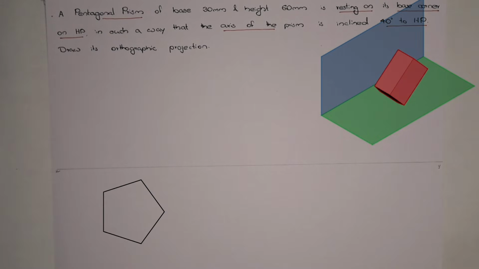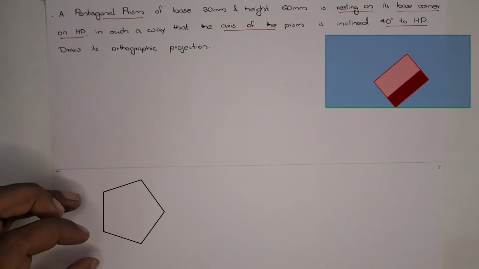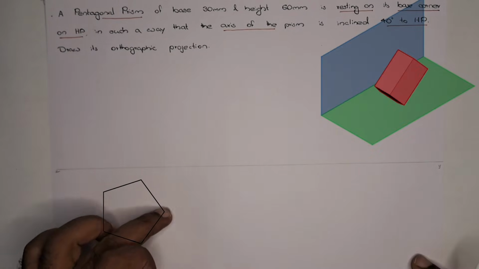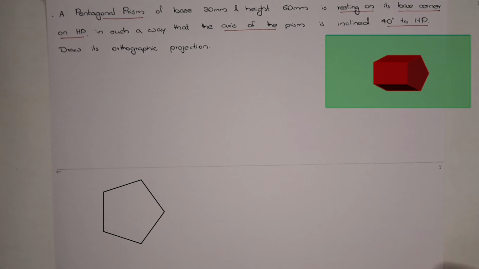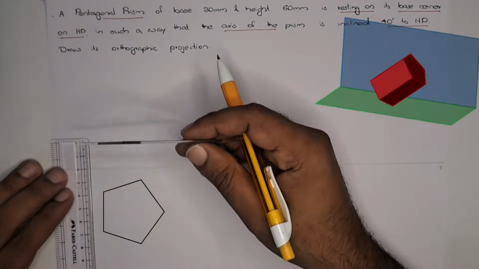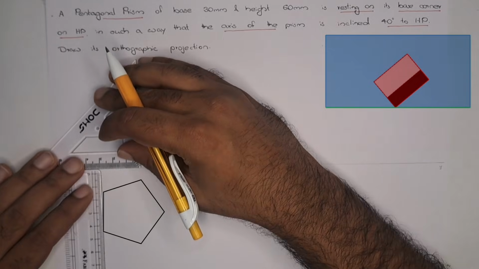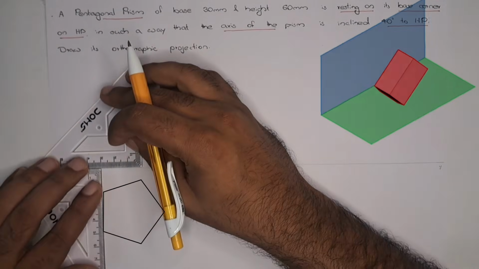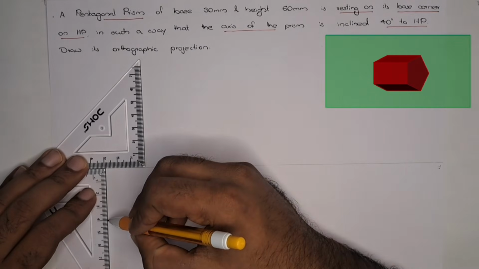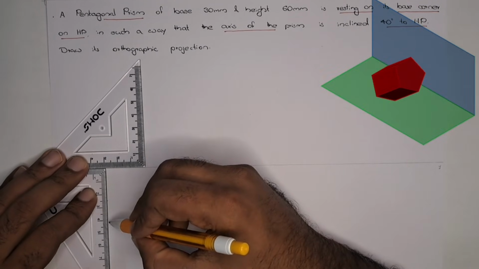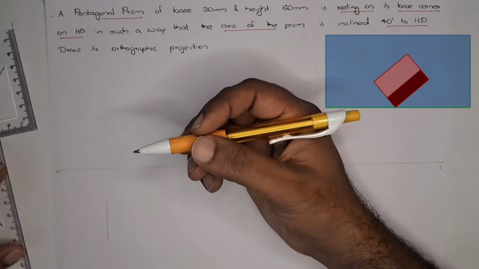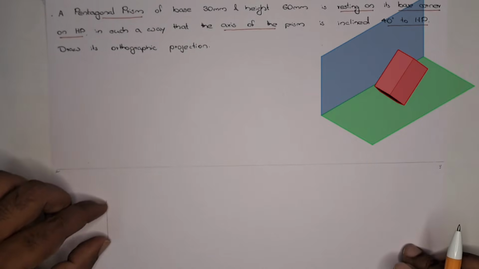Now we need to draw the pentagon over here in such a way that on the right side we have to point out a corner. So this is the baseline.